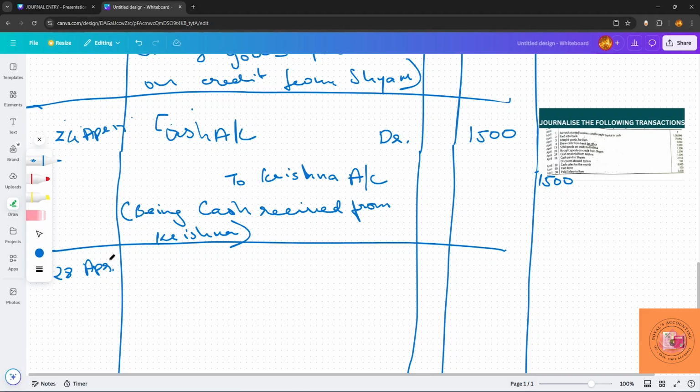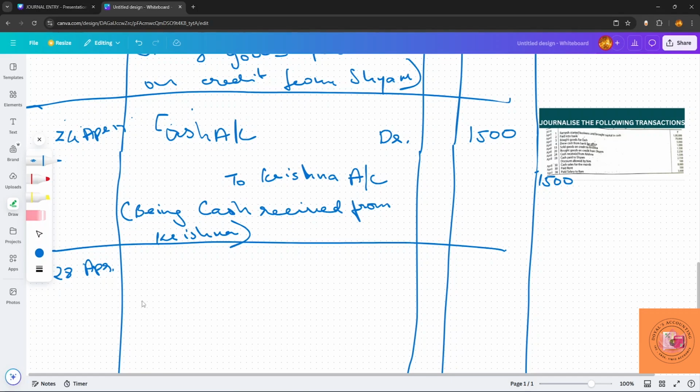We will write a compound entry in this case. So, what is discount received? It is a nominal account by nature and it is an income. What is the rule? We credit all incomes and debit all expenses. So, the discount that we are receiving from him will be credited.